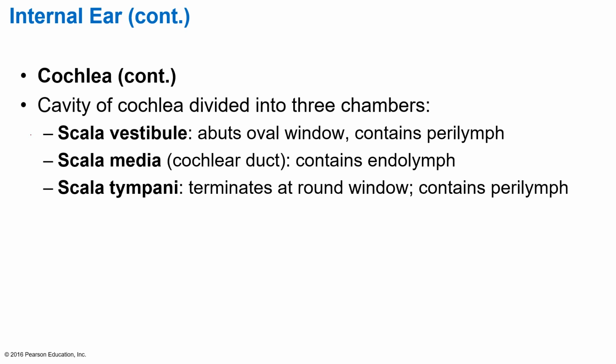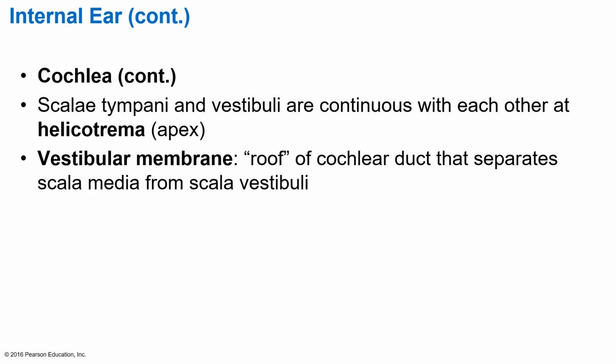So we've got 2 perilymphs and an endolymph. Scala tympani and vestibuli are continuous with each other at the helicotrema, or the apex. The vestibular membrane is the roof of the cochlear duct that separates the scala media from the scala vestibuli.